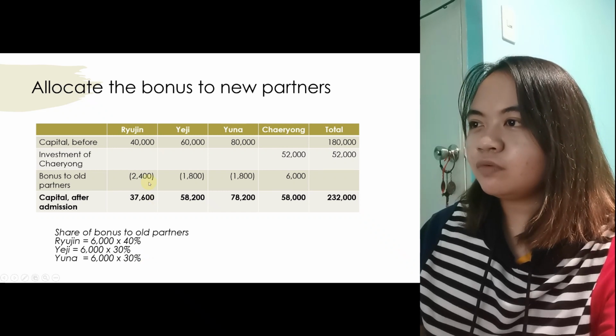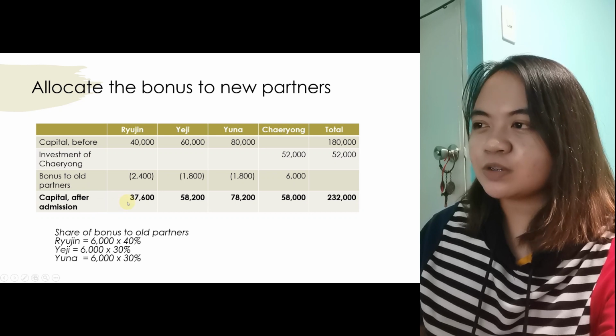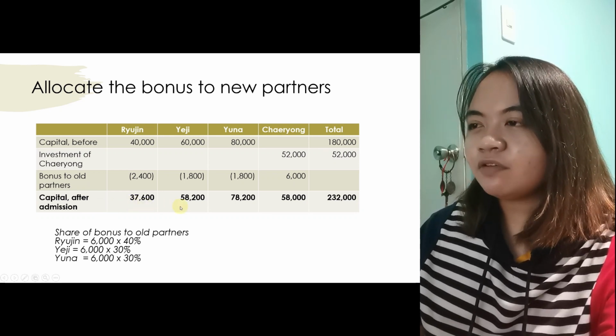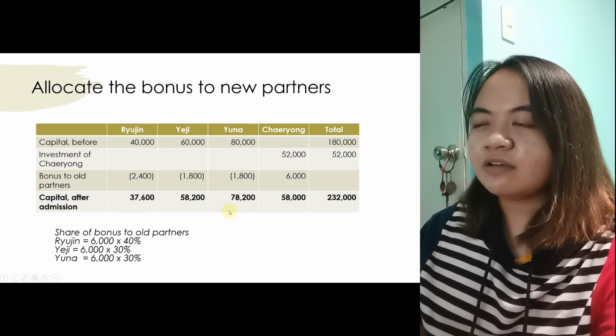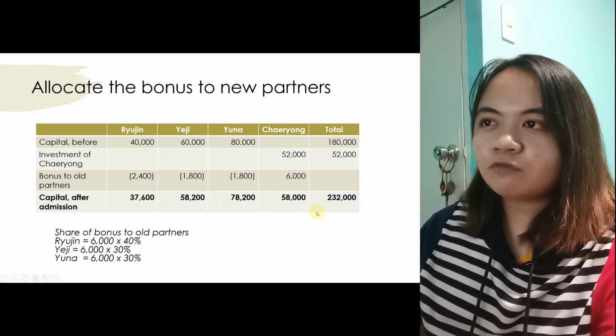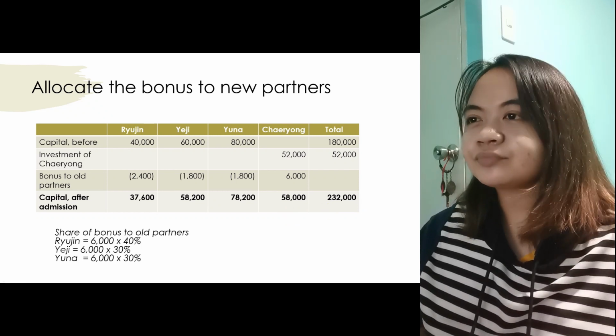So, capital after adjustment, 37,600 for Ryujin. Yeji, 58,200. Yuna, 78,200. And then Cheryong, 58,000. For a total of 232,000.